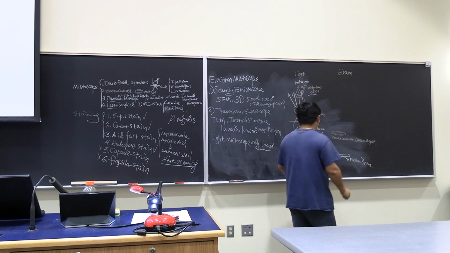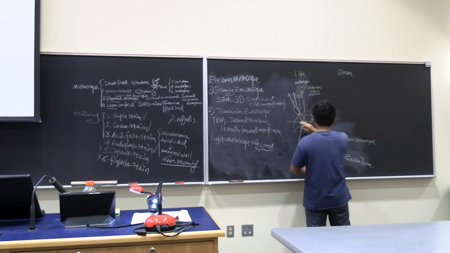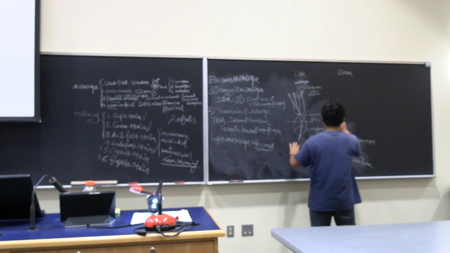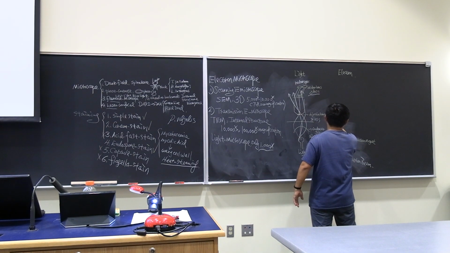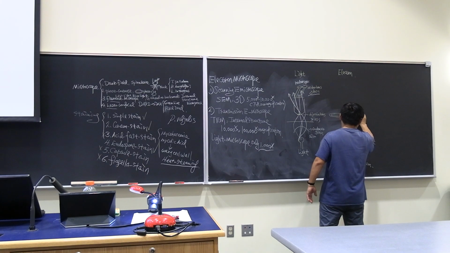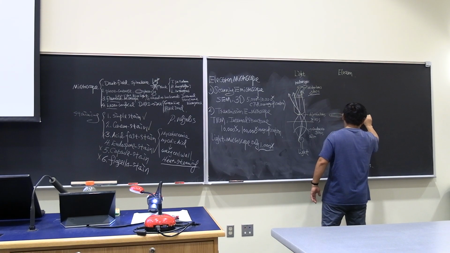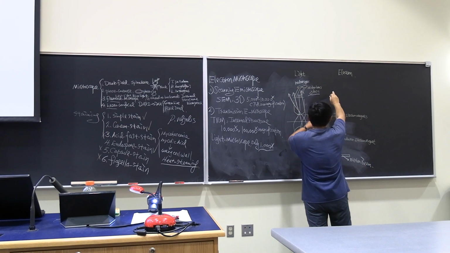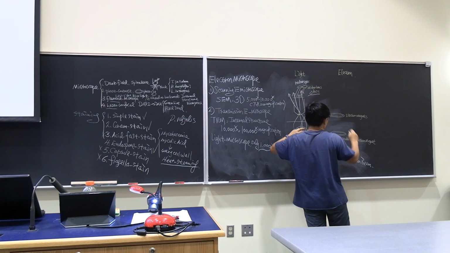Okay. And then you don't have this like a stage. You go up, you have an objective lens. This is also donut shape, which is also electron magnets. And then you go up the ocular lens.